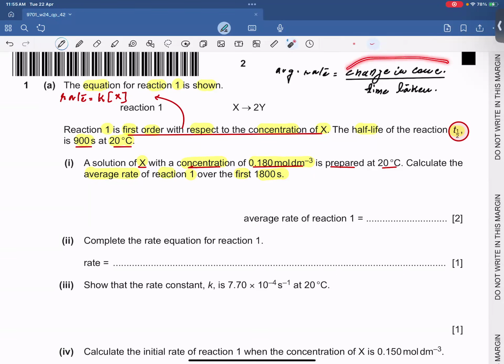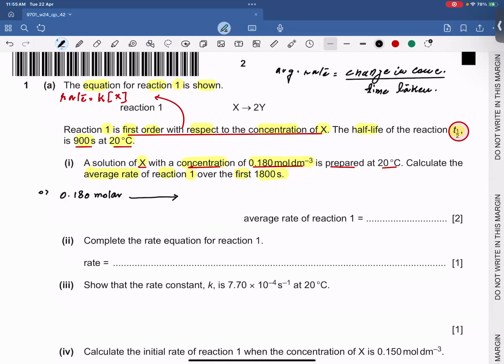In order to calculate the change in concentration, the initial concentration is basically 0.180 mole per dm cube, and mole per dm cube is also called molar. So that is the initial concentration technically.